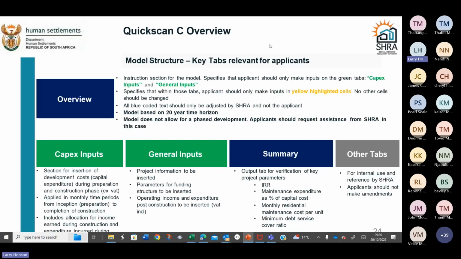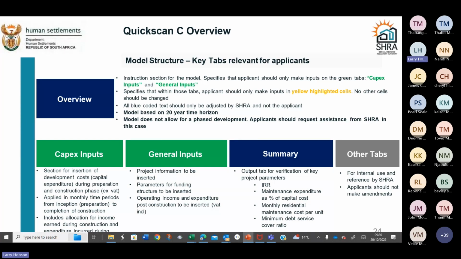Okay, so we'll move on to the next slide. This is also showing the different components to the model. There's an instruction section on the first page.